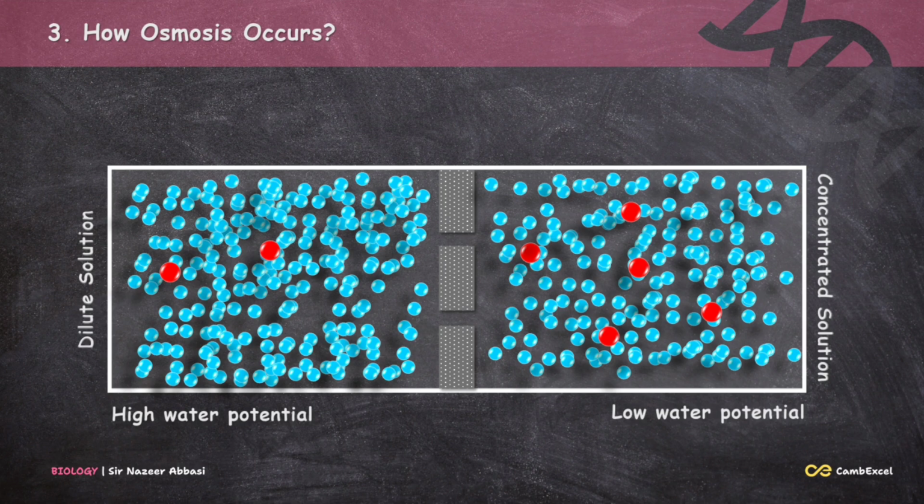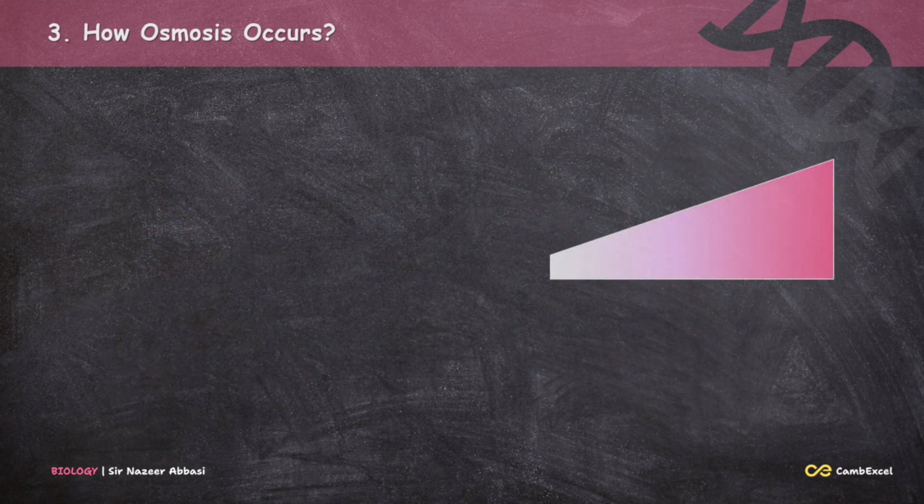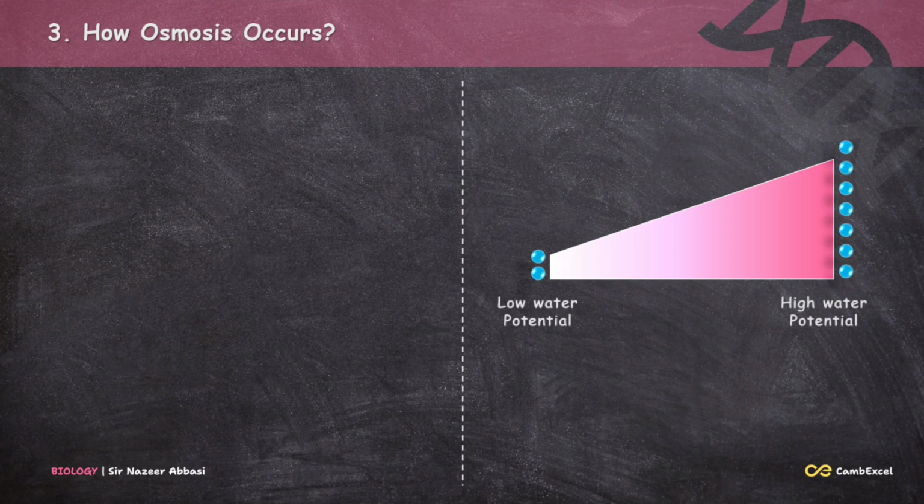Next we have to see how osmosis does not require any energy. What happens when we have different water potential on either side of the partially permeable membrane? Let's imagine we have a high water potential on one solution, and a low water potential on another solution.